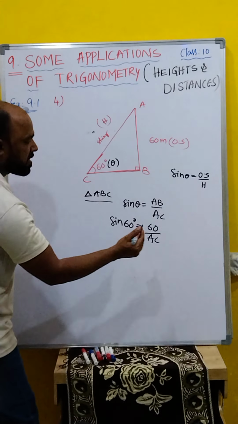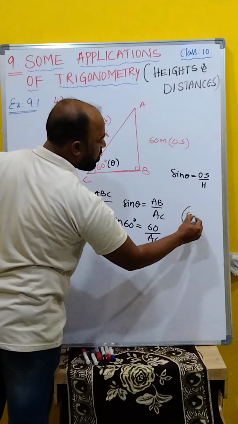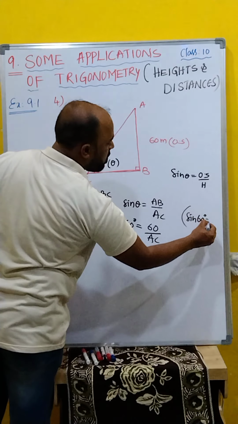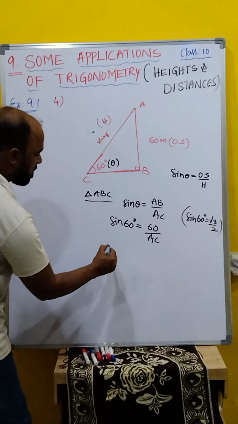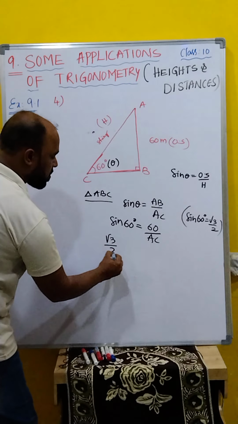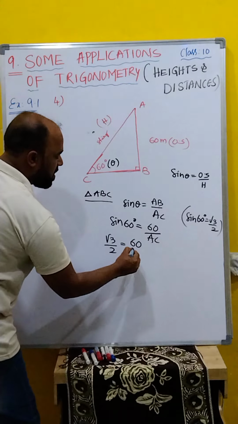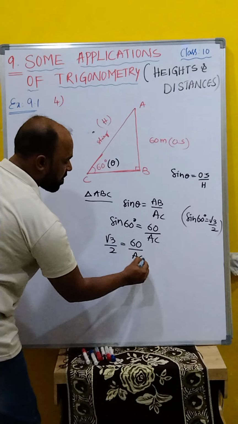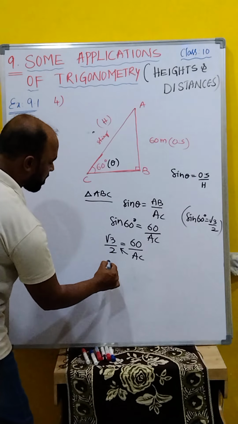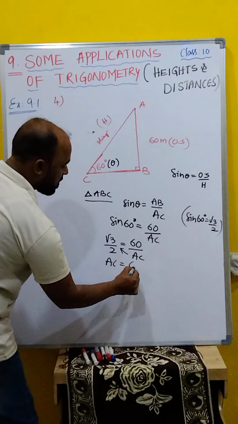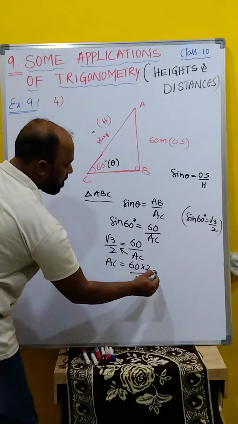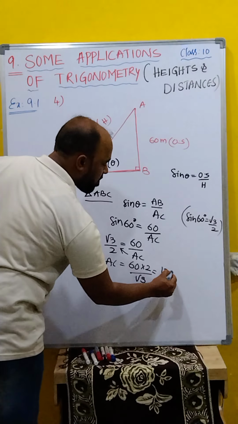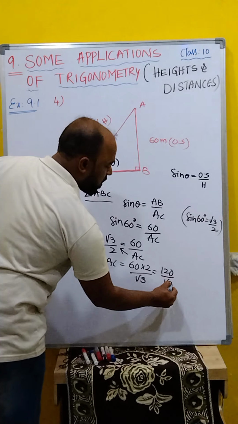Sine 60 value according to the trigonometric table is root 3 by 2. Apply here: root 3 by 2 is equal to 60 by AC. Cross multiply. AC is equal to 60 into 2 divided by root 3. That is 120 by root 3.